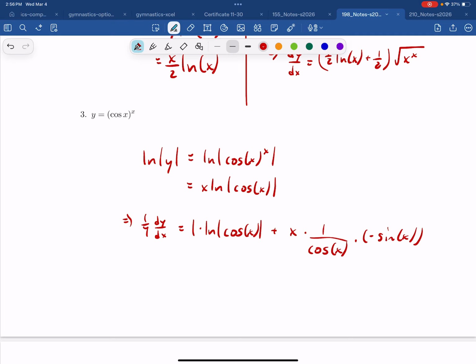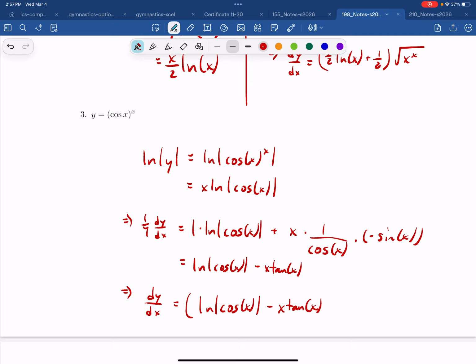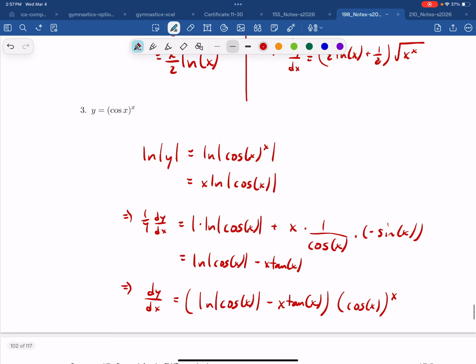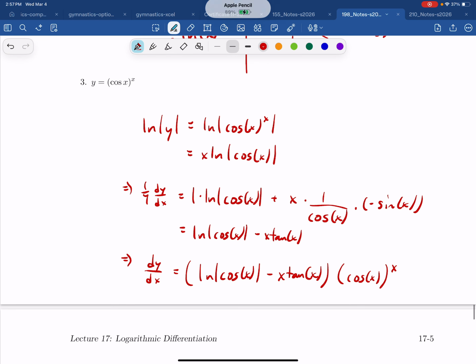And cleaning it up, we get ln of the absolute value of cosine of x, plus, or I guess you could say minus x tangent of x. And then that implies that dy over dx equals ln of cosine of x minus x tangent of x, times that. And we're done.